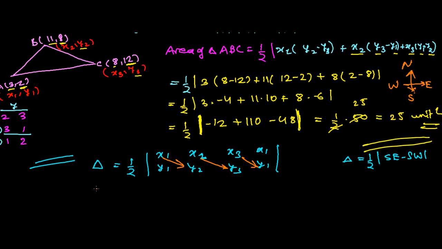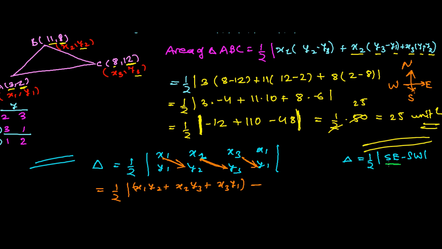All right, so first the area is 1 by 2. Now in the bracket, it will be x1 y2 plus x2 y3 plus x3 y1. And then minus.